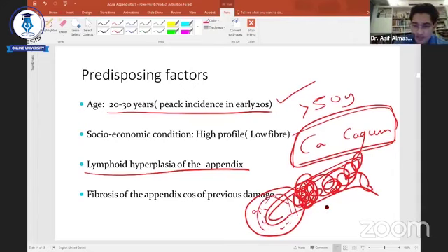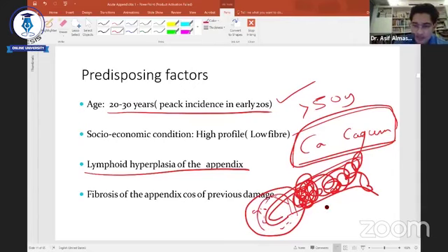So this is just in short what happens in case of appendicitis. You see the mucus and inflammatory exudates, the obstruction of the lymphatics, bacterial translocation, there is edema, venous obstruction, and as a result, acute appendicitis. If the ischemia continues, there will be necrosis, and then there will be gangrenous appendicitis.